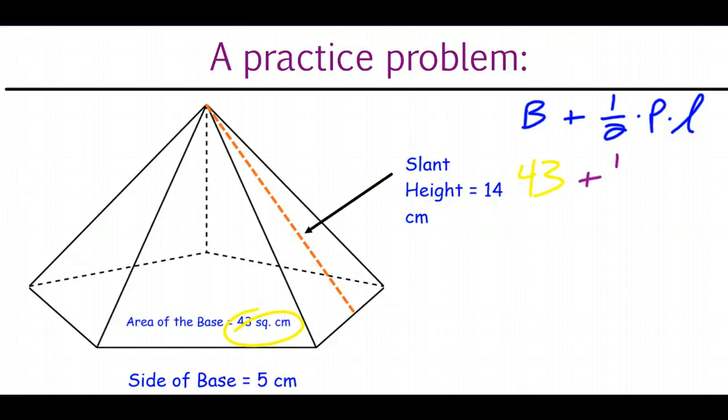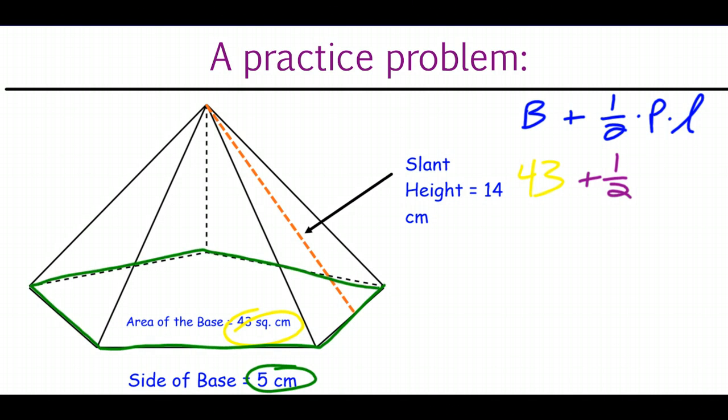Plus 1/2 the perimeter of the base. We're not immediately given it, but each side of the base is 5 centimeters, and since this is a pentagonal pyramid with a base that has 1, 2, 3, 4, 5 sides, the perimeter will just be 5 times each side, 25 centimeters. And the slant height, given from this dotted orange line, is 14 centimeters.